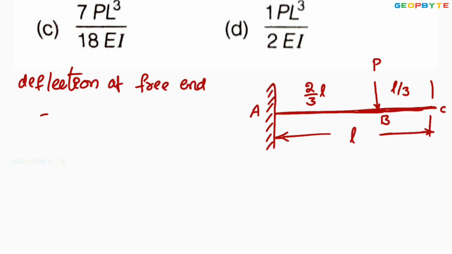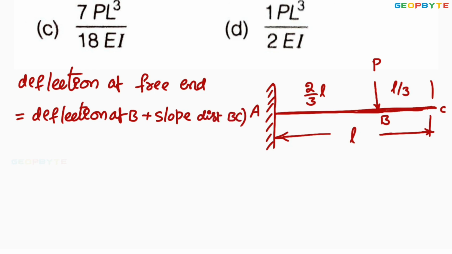Deflection at free end is equal to, as we know, deflection at B plus slope multiplied by the BC distance. Here, as it is a cantilever beam, deflection at B is PL cube by 3EI, where L is the AB length.